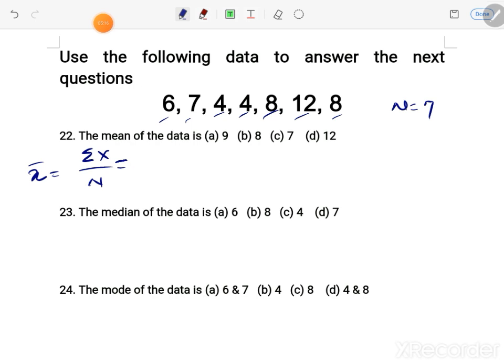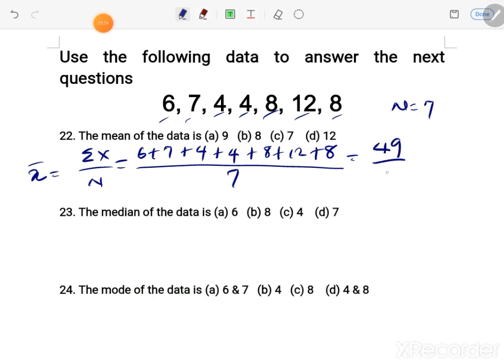Now let's go for summation x. So we have 6 plus 7 plus 4 plus 4 plus 8 plus 12 plus 8, and we divide it by 7. So let's do that together. We have 6 plus 7 plus 4 plus 4 plus 8 plus 12 plus 8 again, and we have 49.